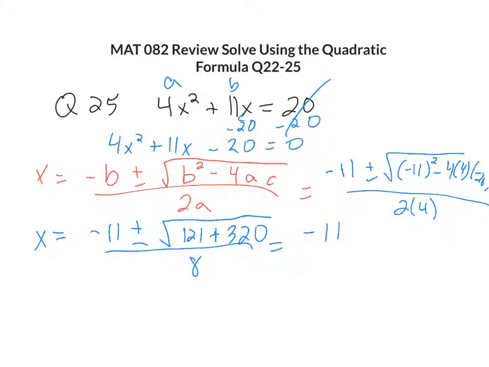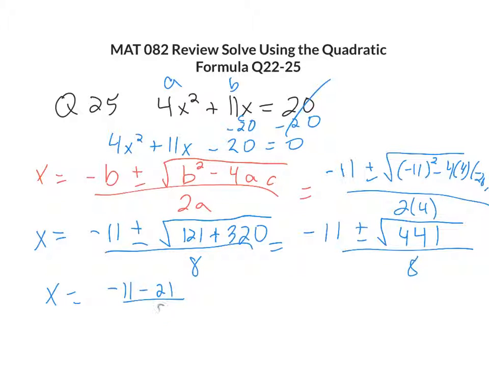I'm going to combine the 121 plus 320. That'll give me 441 all over 8. The square root of 441 is actually 21, so we're going to have negative 11 minus 21 over 8, and we're going to have negative 11 plus 21 over 8.